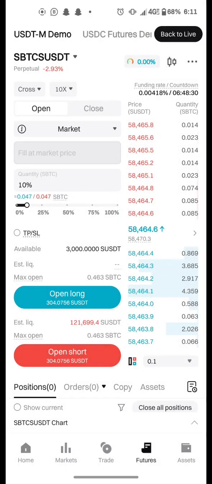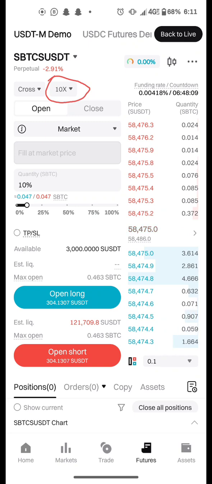Now look at this leverage. The more leverage you use, the faster you can make profits. It will multiply your profit, and the same thing happens to your loss. So when you are using leverage, use your senses.